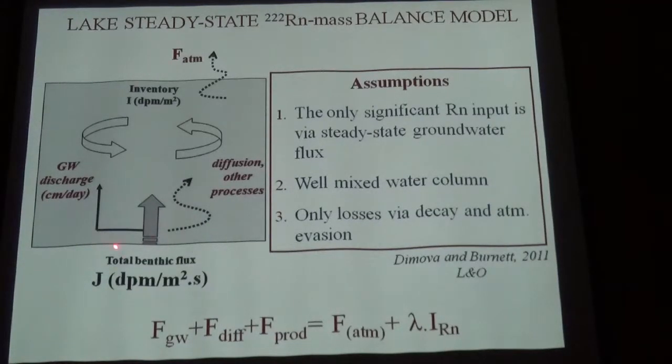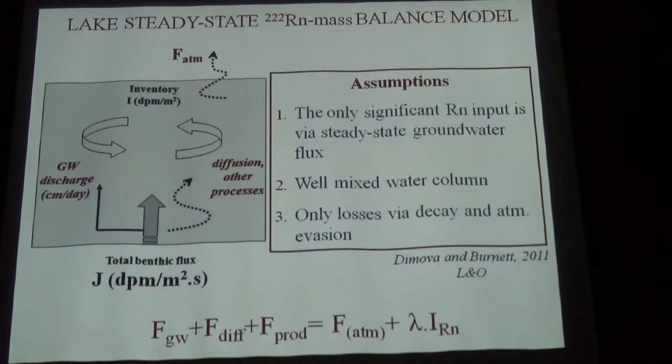Then we have some radium, which is part of the composition of the aquifer, that will produce radon, and radon is a gas, and it will diffuse and get to the water column as well. So we need to account for this, because it is not coming from groundwater, and if we use it, we will overestimate our seepage, right? So we need to take out this process.